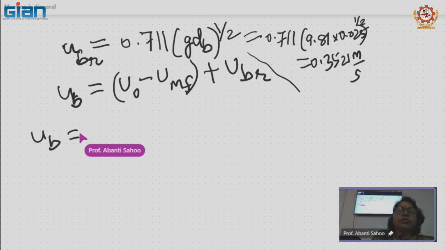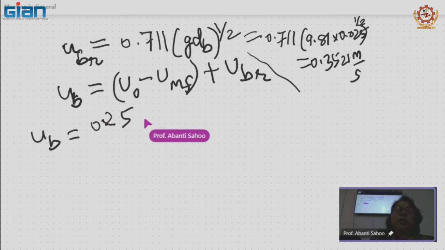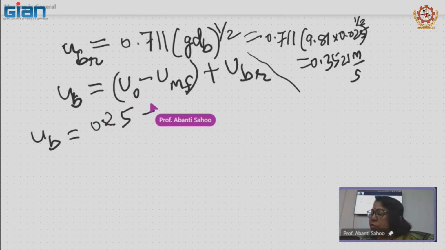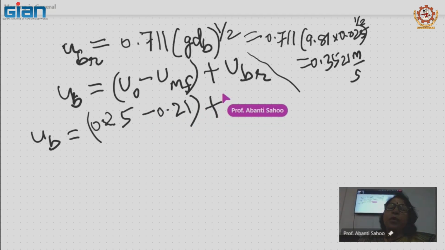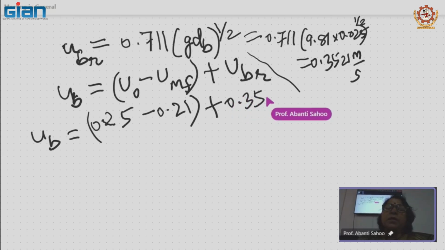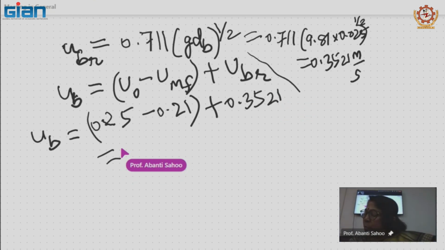U0 is 0.25 meter per second minus minimum fluidization velocity 0.21 plus bubble rise velocity 0.3521 meter per second. Adding this, bubble velocity is coming 0.3921 meter per second.